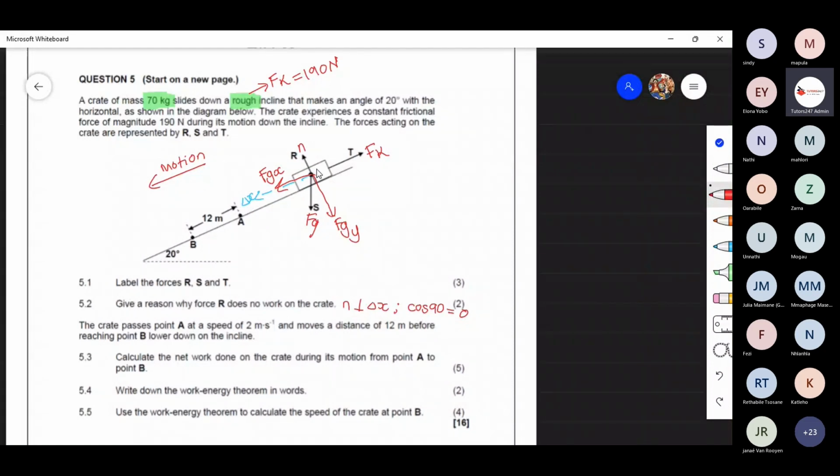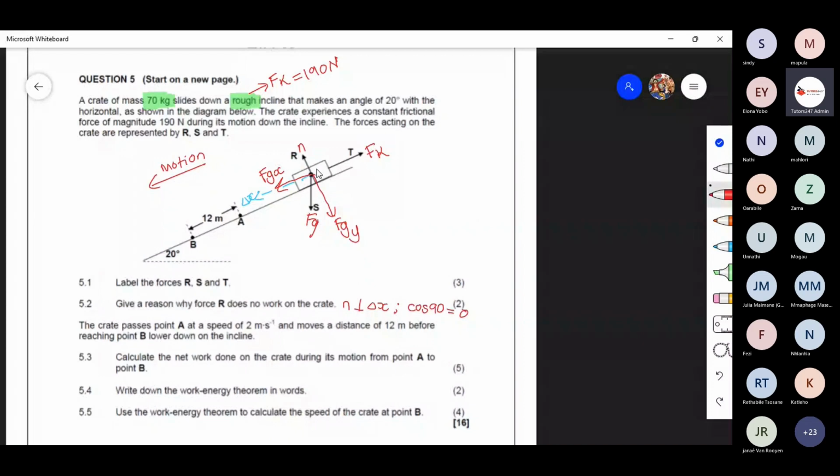Now, the crate passes point A at a speed of 2 meters per second and moves a distance of 12 meters before reaching point B lower down on the incline.